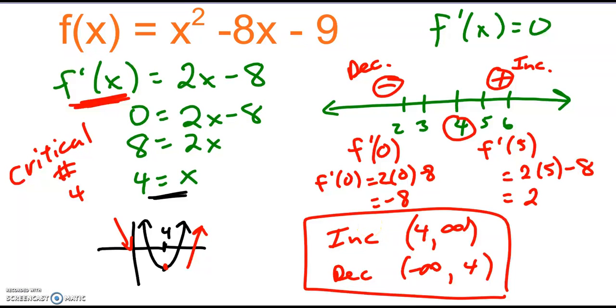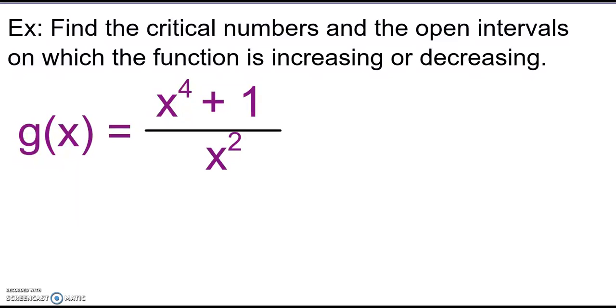So let's go ahead and try another example. In this case, the same exact directions. We're going to look for the critical numbers, and then we're going to determine where the open intervals are for where the function is increasing or decreasing. So the first thing that we're going to do is take the derivative. So the derivative of g of x. We're going to do low d high.